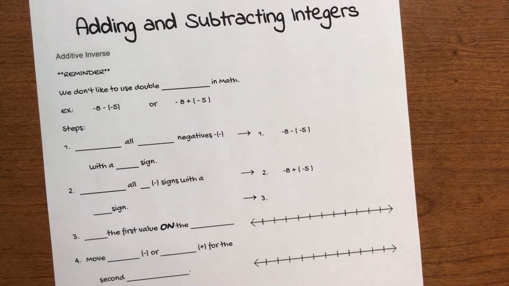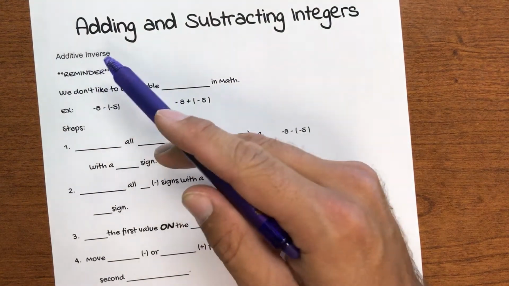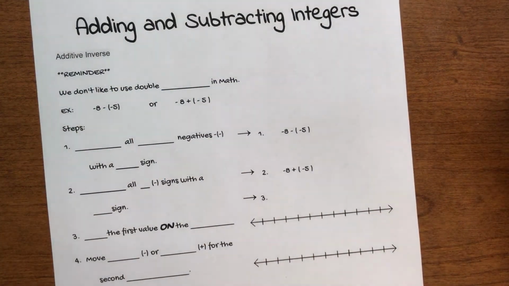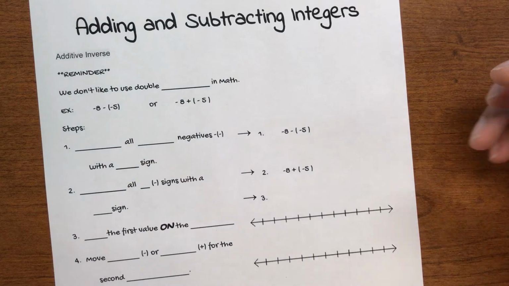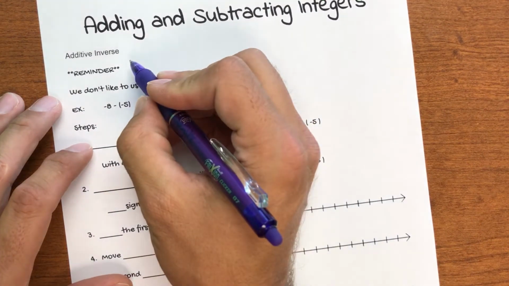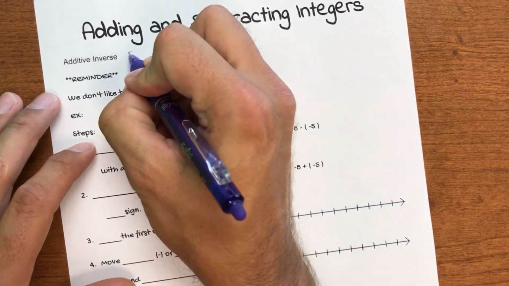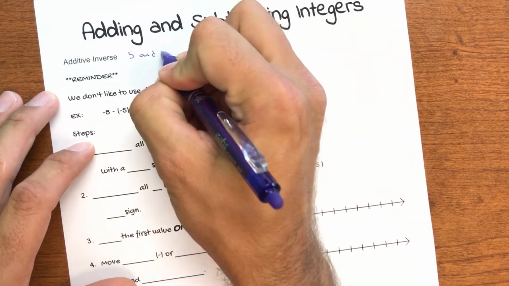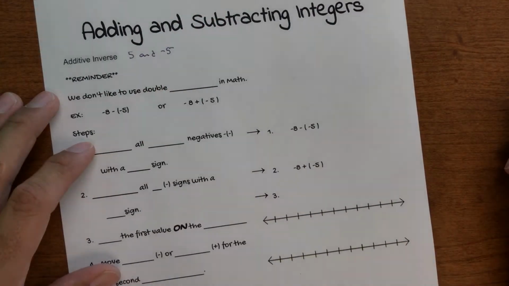So one of the things that we want to talk about really quick, kind of leading into this video, is this definition, additive inverse. We're not going to go into too much detail, but you should have written this definition down already and recognize that an additive inverse is a number that you add so that the result is zero. Or in other words, if we take opposite numbers, if I take the number 5 and I take the number -5, those are opposites.